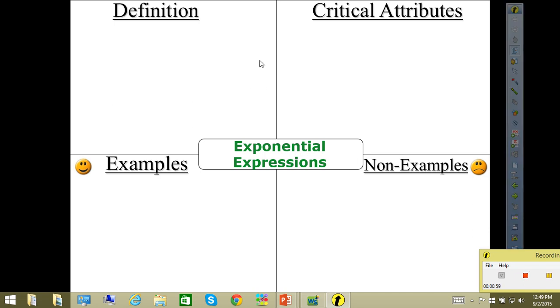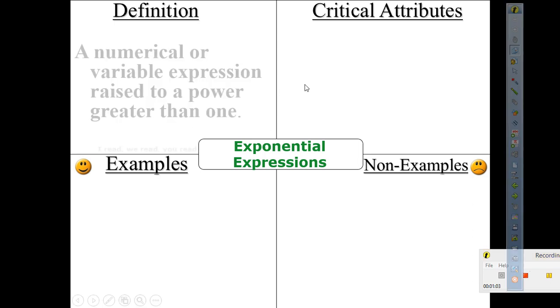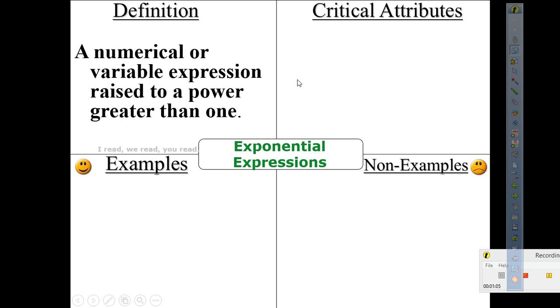All right, let's see how you did. Definition: exponential expressions are numerical and variable expressions raised to a power greater than 1. Anybody come close? Good. Examples: I remember I gave you 2 cubed, x to the 6th, negative 3x to the 4th, x squared y cubed.